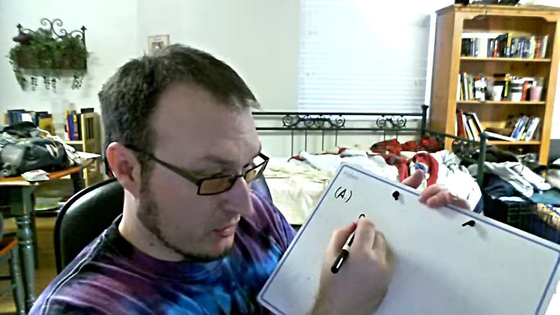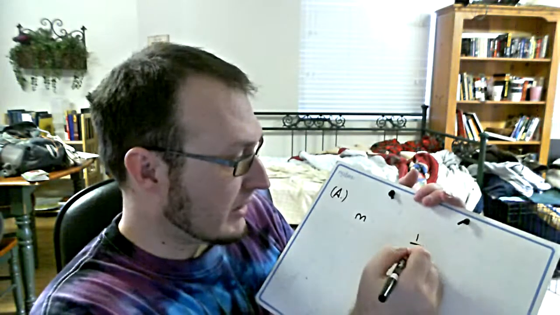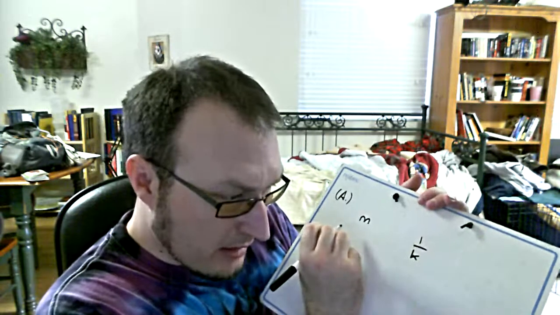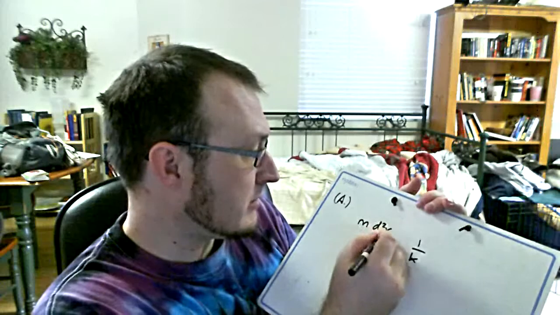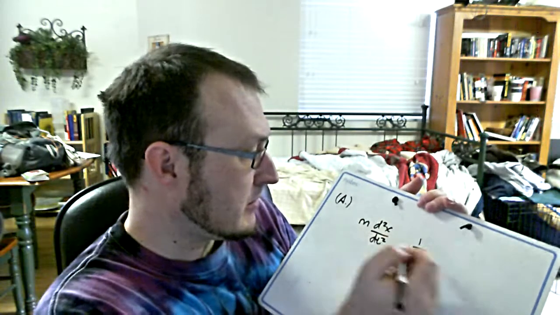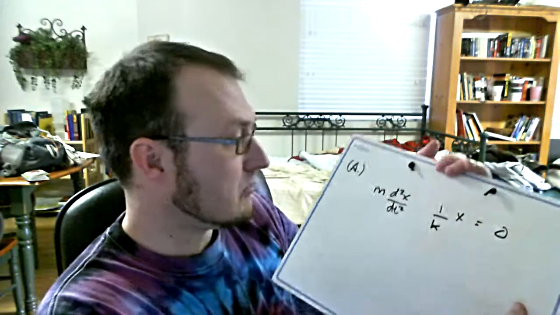Anyways, you would just go in and plug in. So for answer A, for example, you would plug in M where you see L, and where you see a C, you would plug in a K, and where you see Q, you would plug in an X. So you get M d²x/dt² plus 1/K x equals 0.